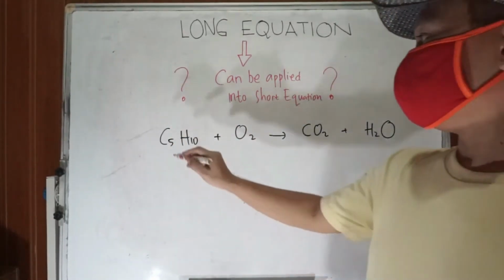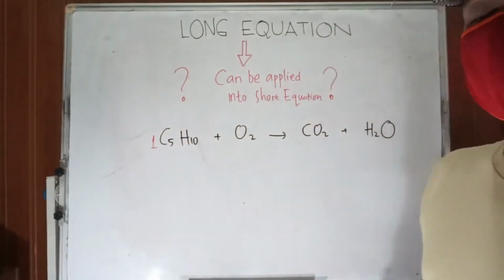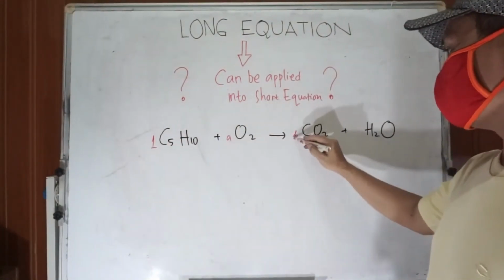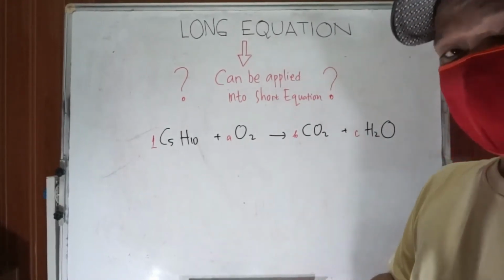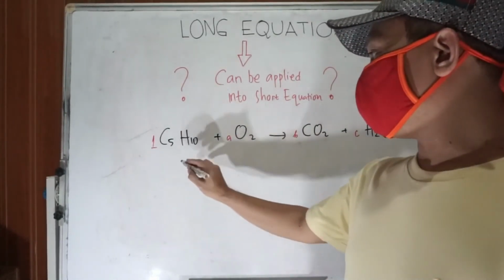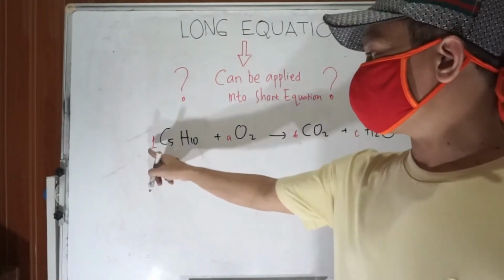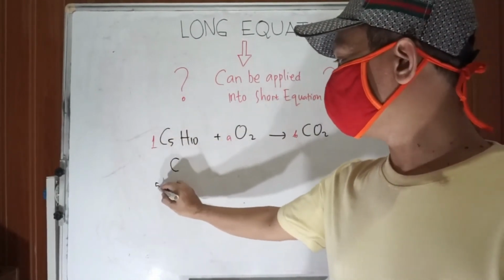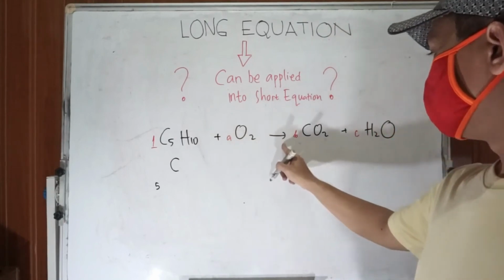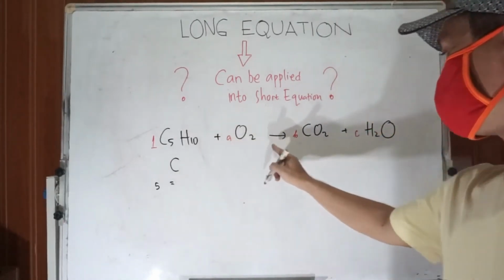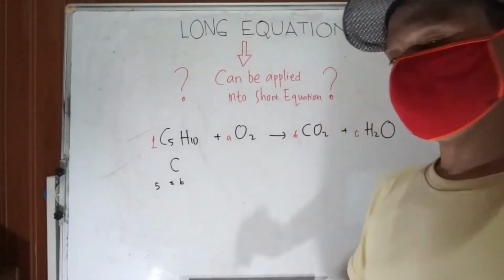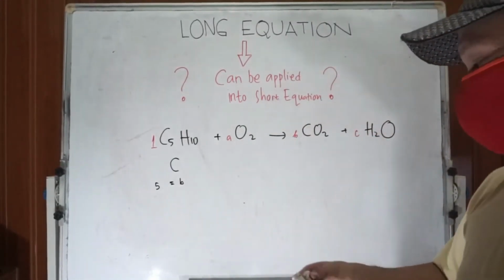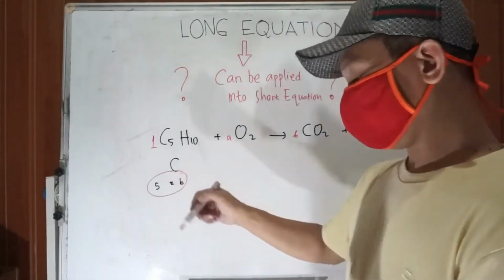Put number 1 here as a coefficient, and the rest: A, this one is B, this one is C. Now you're going to list one by one. Carbon on the left side, 1 times 5, 5, yields equal. You got carbon here, B times 1, B. Okay, done. You got B.